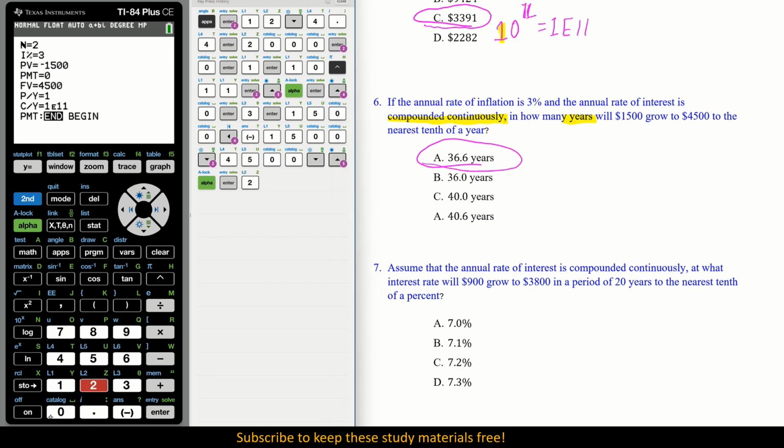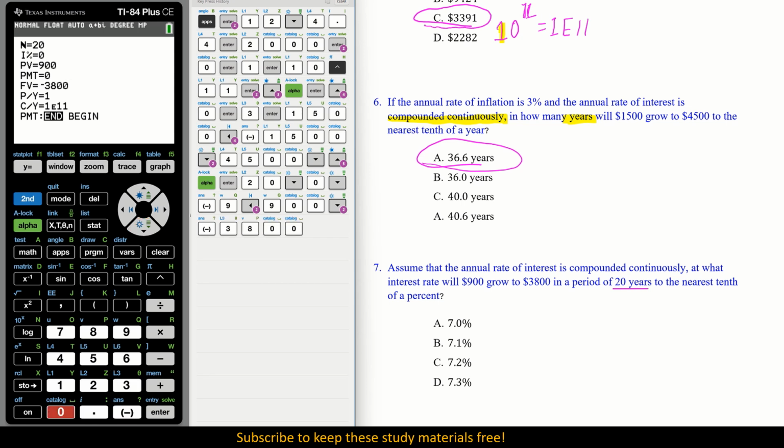We need to put in our 20 years for our capital N, but we don't know the interest. So put in a 0 placeholder, and now let's go enter everything. I'm going to say negative. You know what? Let's not do that. Let's try 900. Okay, remember, we don't mess with the PMT. Now, our future value, we're going to say negative 3800.